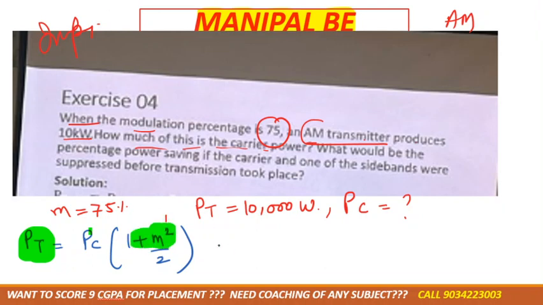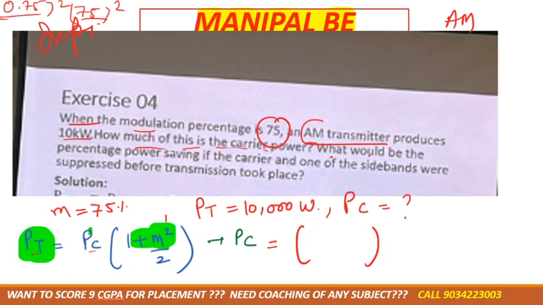So can we get PC? Solve it and then tell me the value. Next, you will get whatever value of PC comes. What would be the percentage power saving?